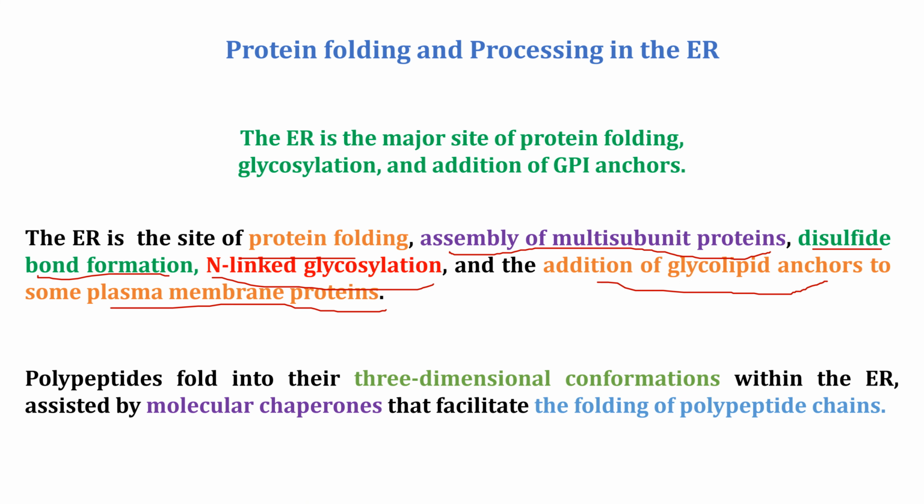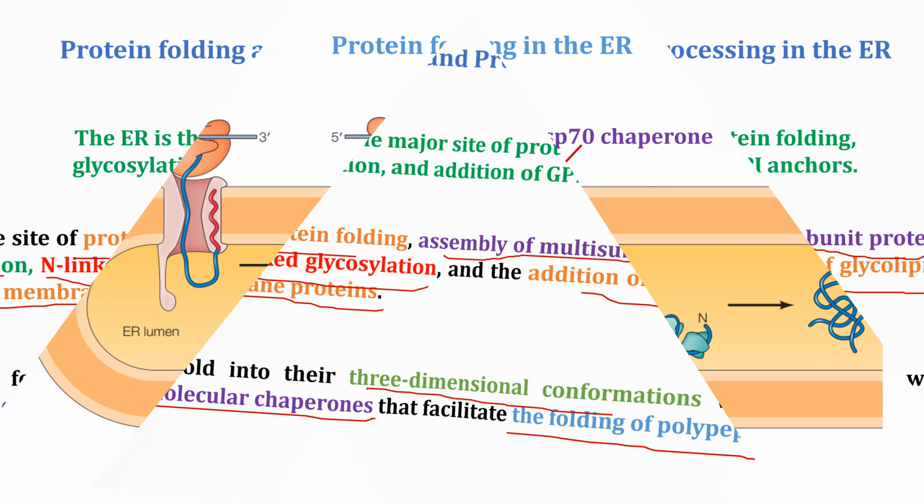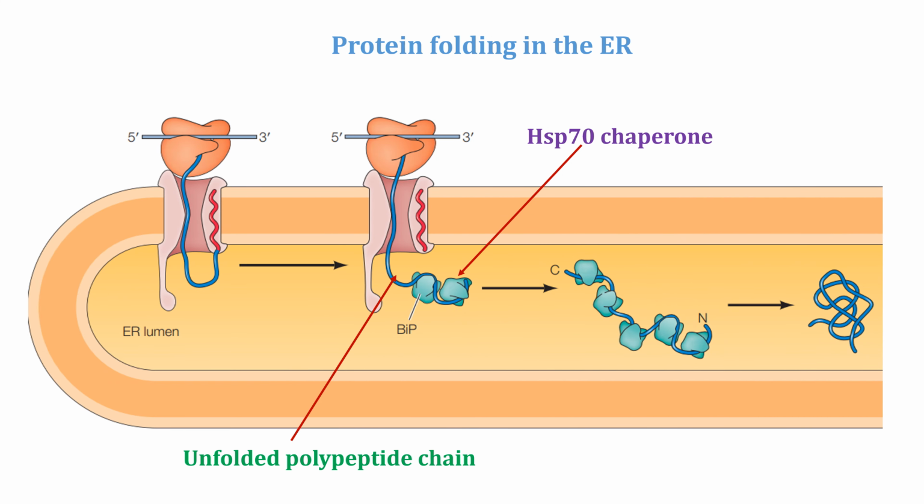Now the polypeptide forms its three-dimensional conformation within the ER, assisted by molecular chaperones such as HSP70 that facilitate the folding of the polypeptide chain. This is protein folding in the ER by the chaperone.